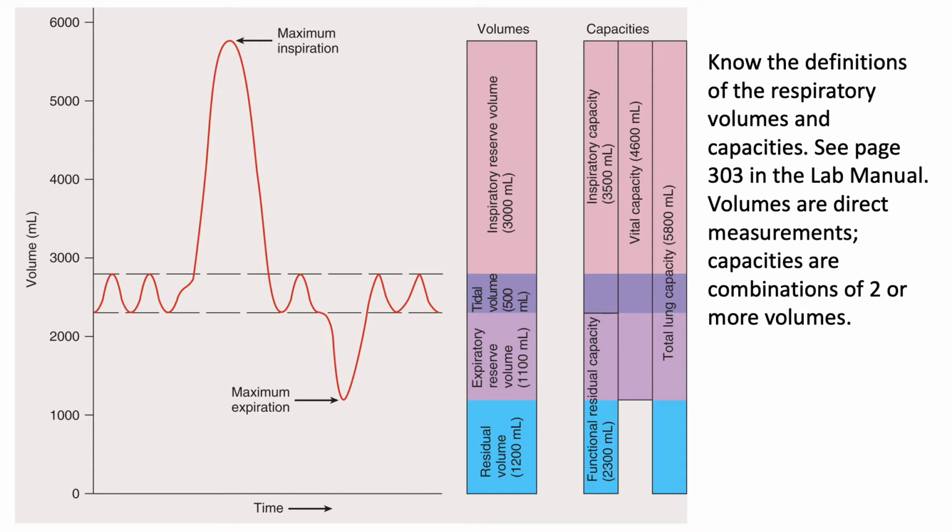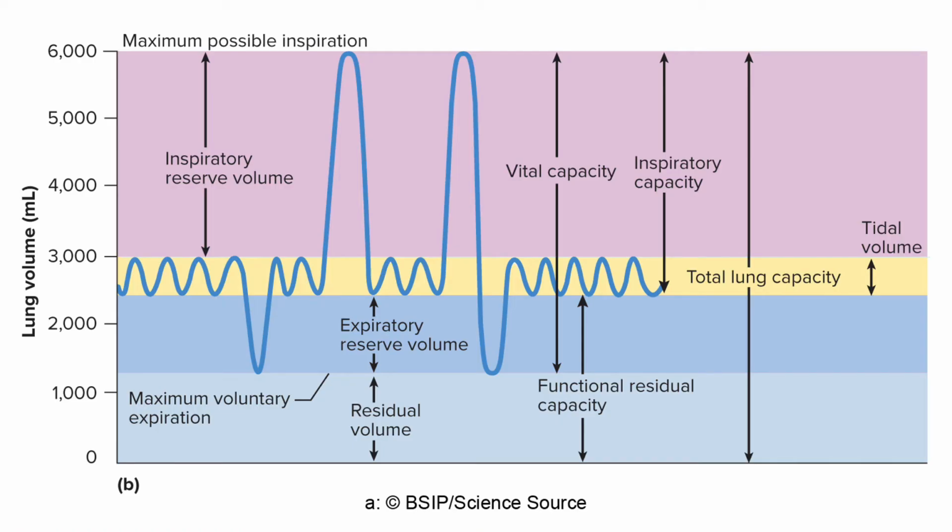So know which capacities are combinations of which respective volumes. And again, here is a different type of spirograph, but you should know the capacities and the volumes, both by definition as well as be able to recognize them on a spirograph, as you see here.